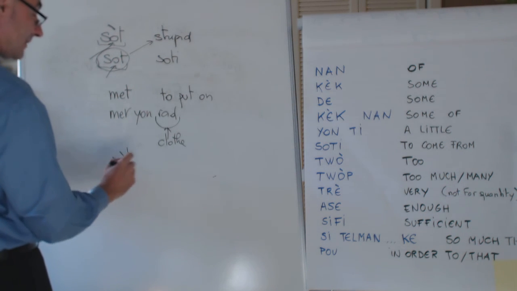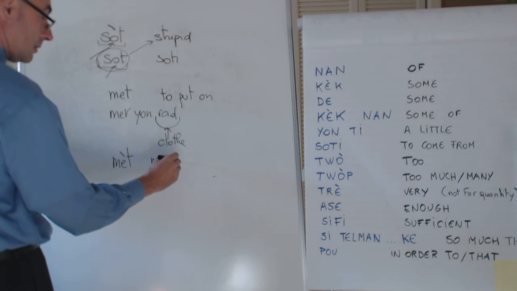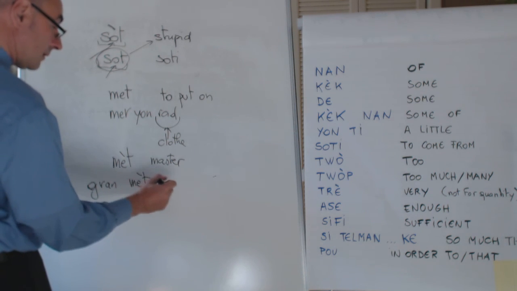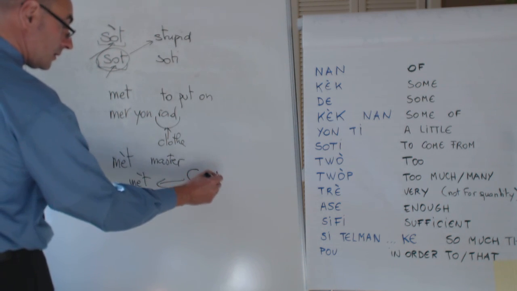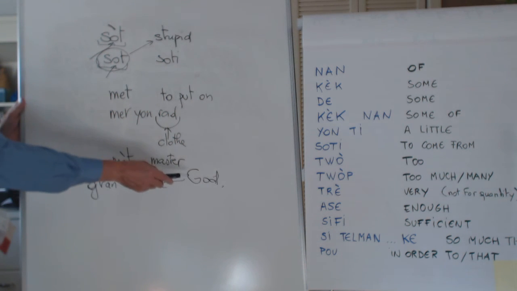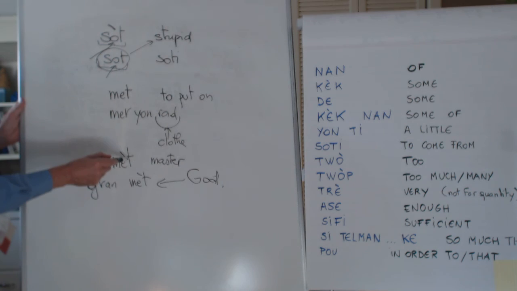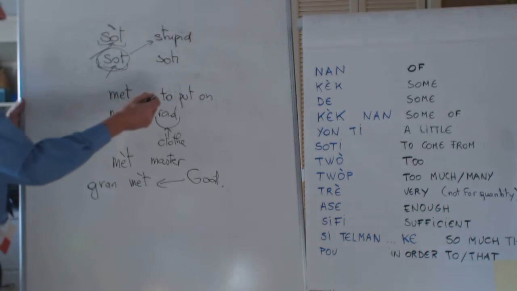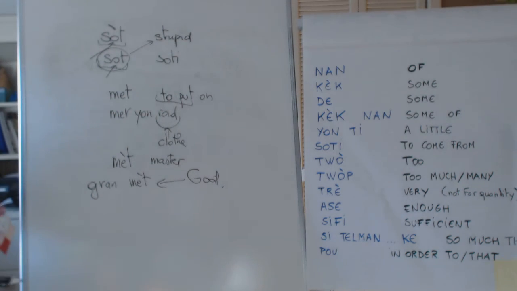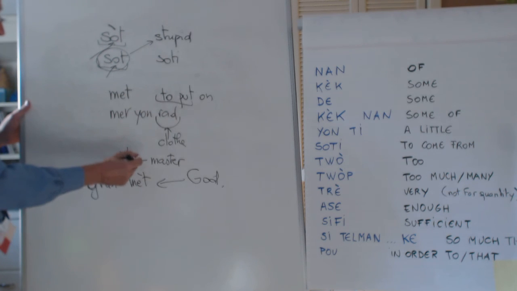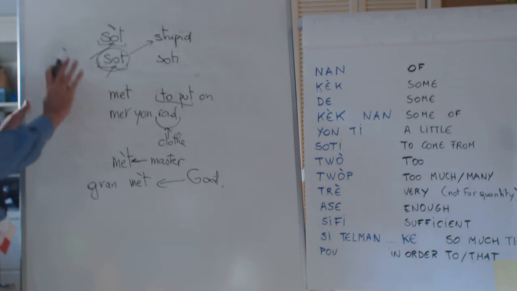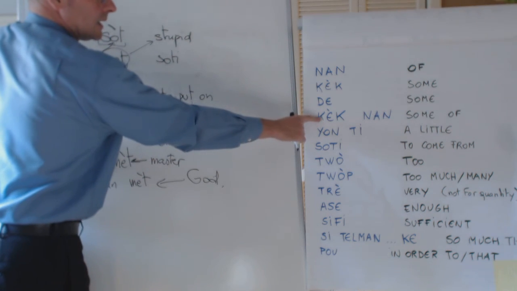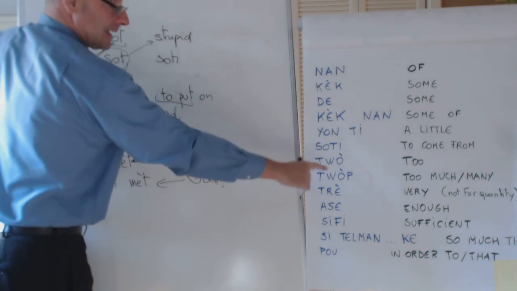So met, master, and grand-maître. One is to dress, put on something. The other one is all about a master or even God. Now, just to emphasize the fact that it's not cake, it's cake, très.